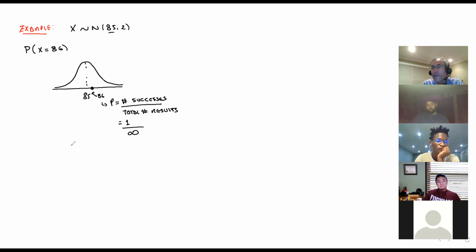You agree? So what is this number then? 1 divided by infinite equals, or approaches, what? 0. Exactly. So that's why, guys, when we talk about continuous distributions, we never ask equalities. We never ask what is the probability of X equals a number. We always need to construct intervals. Got it? So if you have a continuous distribution, a question like that is always 0.